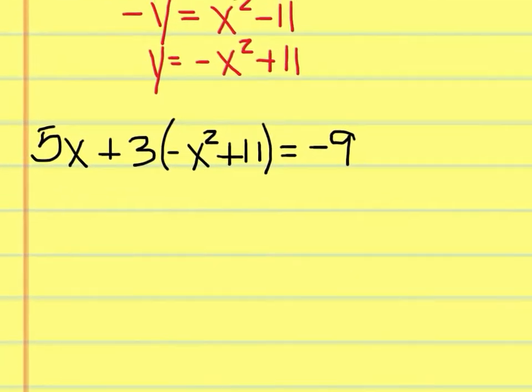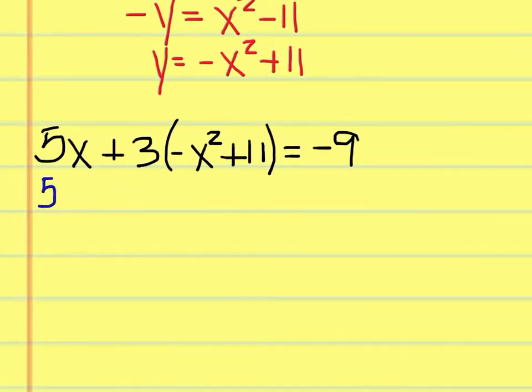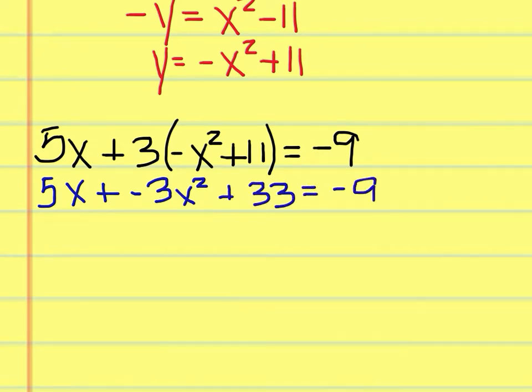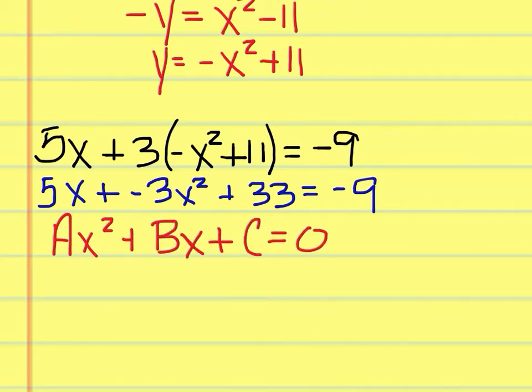Now simplify. 5x and then plus 3 distributed through the parentheses to get a -3x squared plus 33 equals -9. Simplify where you can. Remember, you have to have ax squared plus bx plus c equals 0 to solve a quadratic equation.